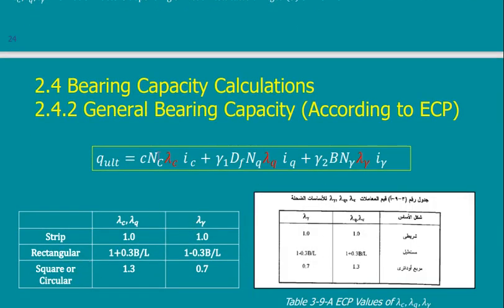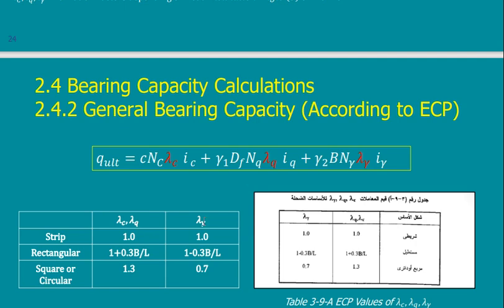This is the main equation. We have here lambda C, lambda Q, and lambda gamma. This is the table given by the code. This is the translation of this table. Depending on the shape, whether it's strip, rectangular, square, or circular, I can take the value of lambda C, lambda Q, or lambda gamma.